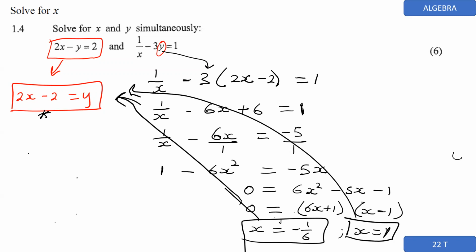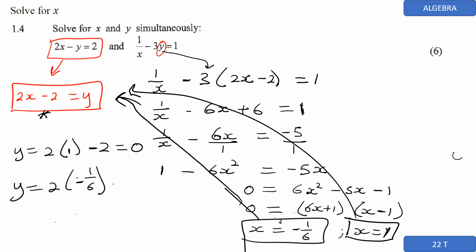All right. So in other words, we got y is equal to 2x. Remember x, let's do the easy one first. 2 into 1 minus 2, and that should give us 0. And we can also have y to be equal to 2 for the other value. And then we got an x value of minus 1 over 6, and we can work the answer out for that question.